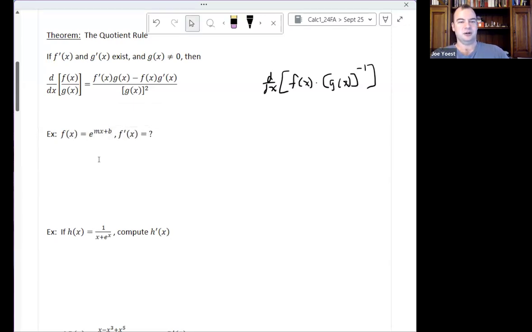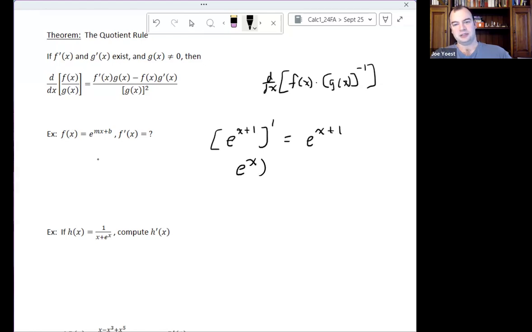So he said, I noticed that last time we did e to the power x plus 1, the derivative of that was e to the power x plus 1. We know that the derivative of e to the x is e to the x. That was the theorem. And we actually saw that the derivative of e to the 2x was 2e to the 2x.